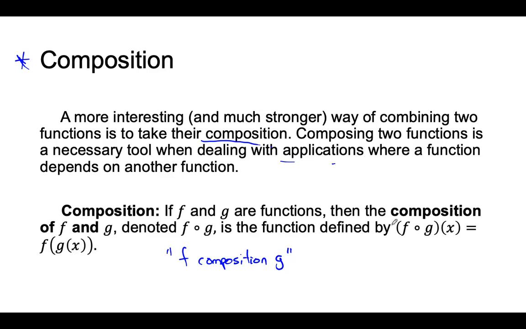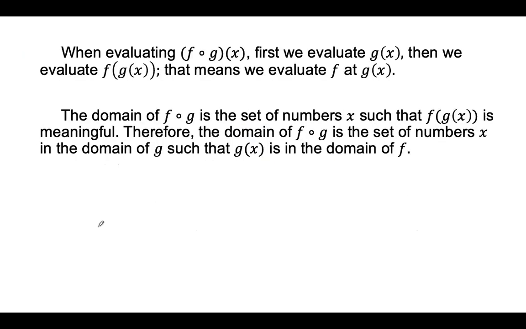So this is that composition of f and g. So when evaluating f of g of x, we first evaluate g of x, like we've been doing with regular functions. Then we put it into f of x, and we evaluate f at g of x.